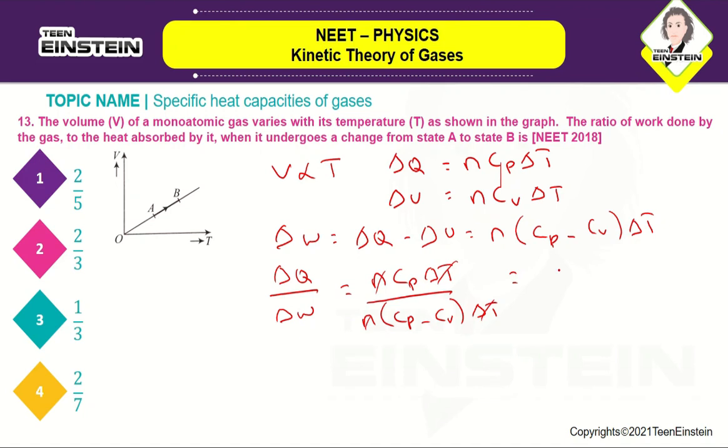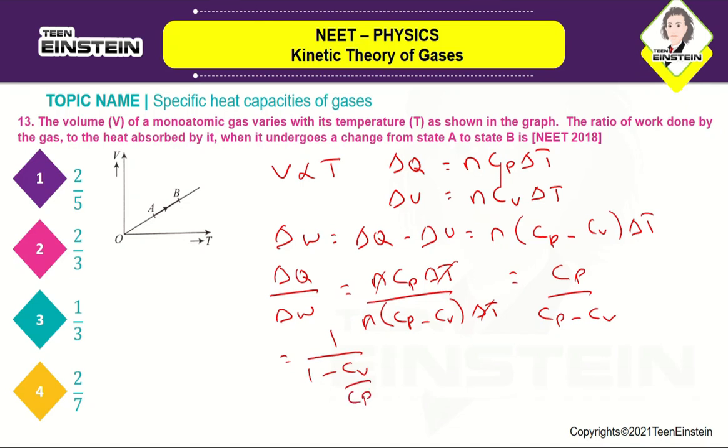So you will be getting it as Cp by (Cp minus Cv). Or you can take this Cp common, so 1 by (1 minus Cv by Cp).